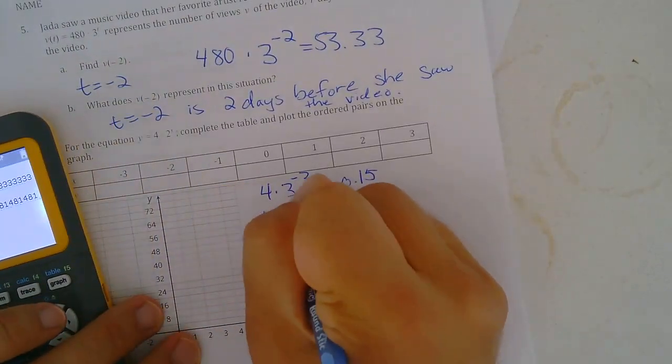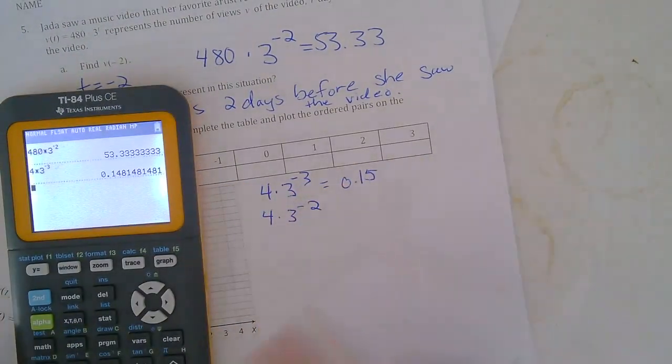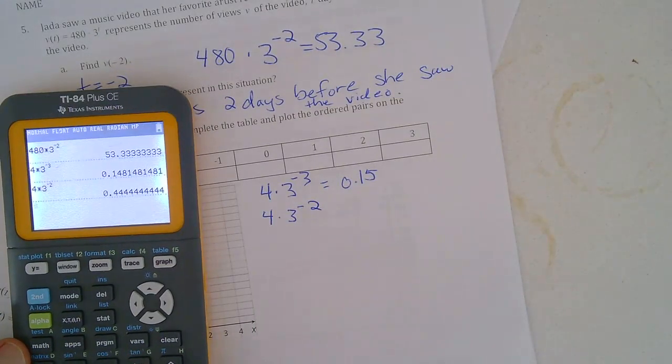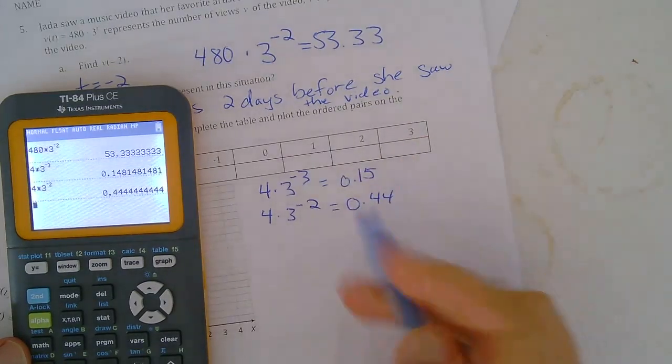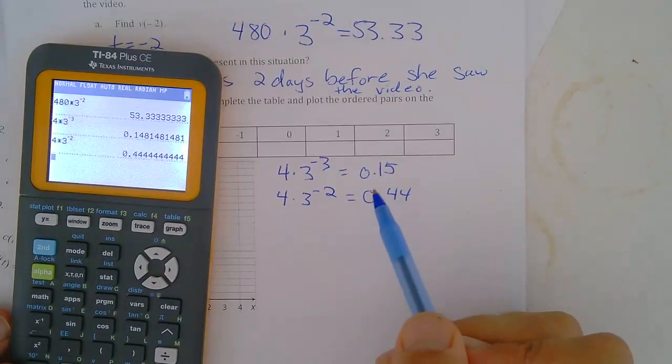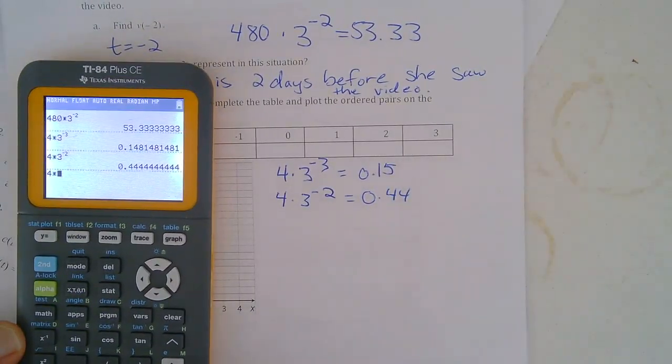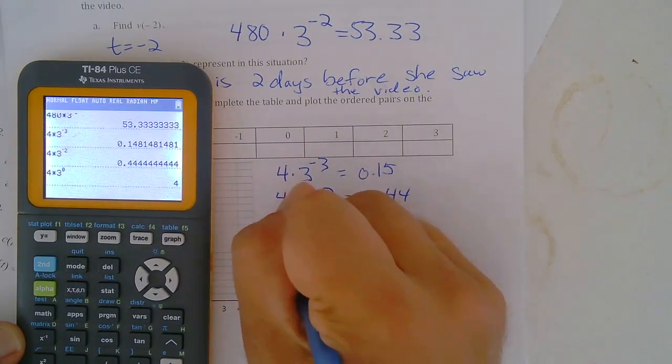So 4 times 3 to the negative 2 is going to be about 0.44. Again, I'm just rounding to 2 decimals. So then 4 times 3 to the 0, it's about 4.